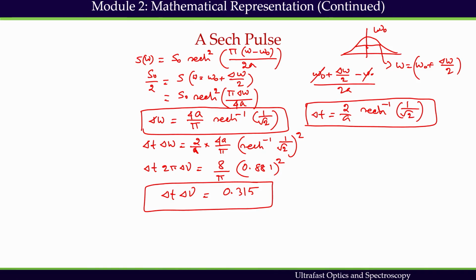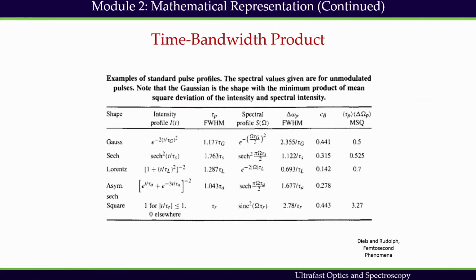rectangular pulse. This table here is showing time bandwidth product of different pulses. If it is a Gaussian pulse, it is 0.441. If it is a hyperbolic function, it is 0.315, and many other pulse shapes we have, and we can have different values.